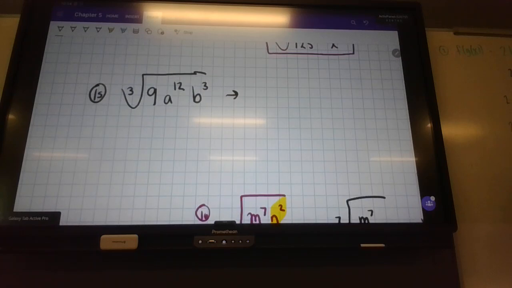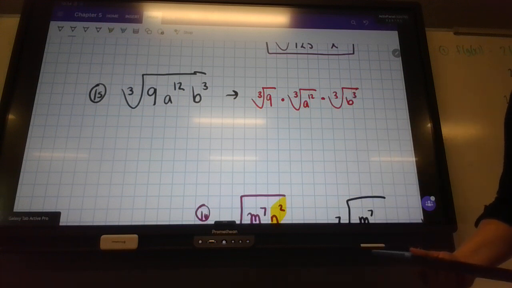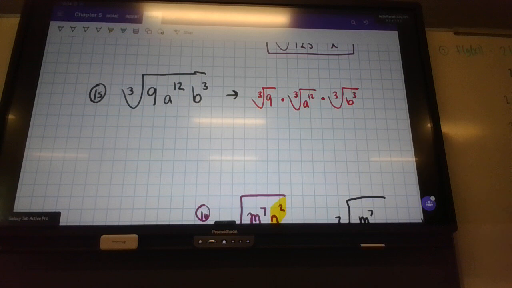One strategy we use in problems like 15 is separating them. So it's the cube root of 9 times the cube root of a to the 12th times the cube root of b to the 3rd. What number is this one online? So, 9 doesn't cube root, it only square roots, so that one's stuck.